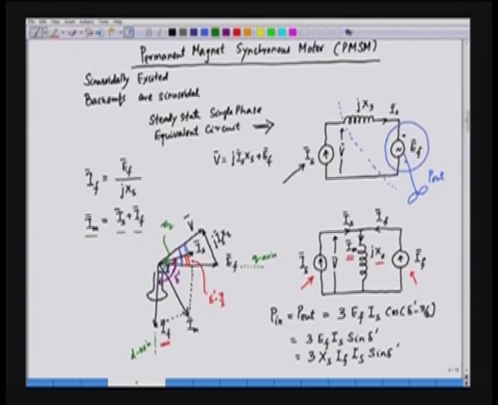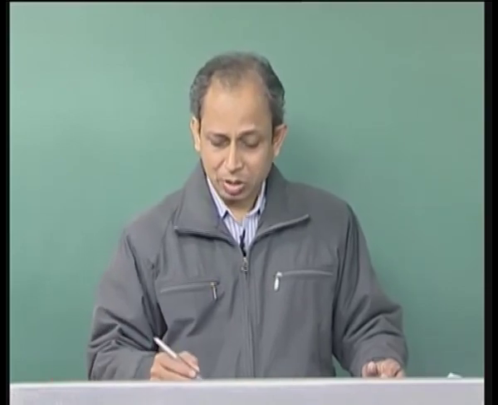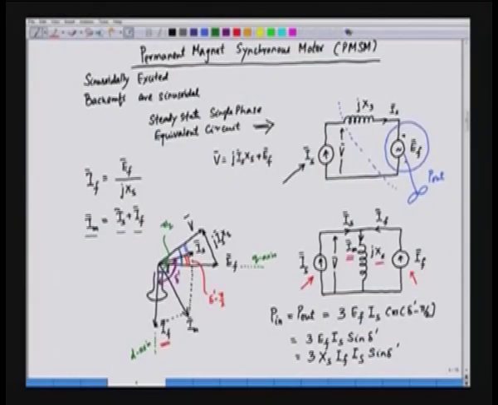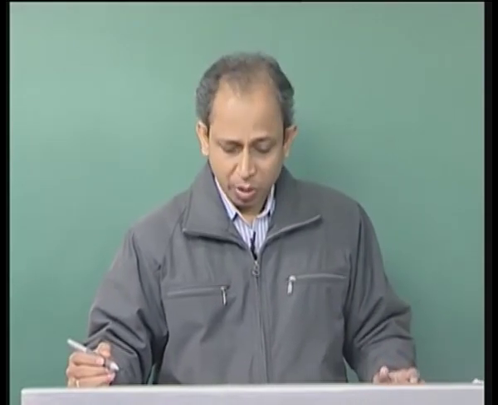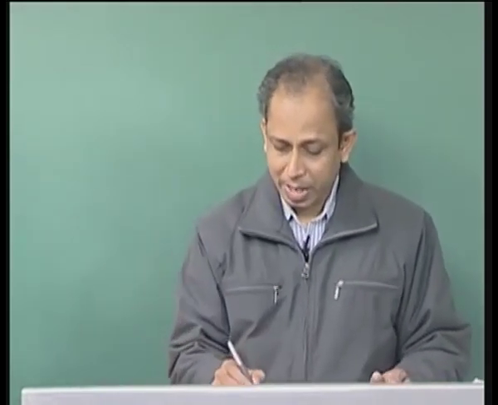We have considered a PMSM where we have ignored the resistance in the stator. The stator does not have any resistance. We just have the synchronous reactance XS, and the core loss and friction loss are neglected. So, we have a machine with only synchronous reactance and no losses.